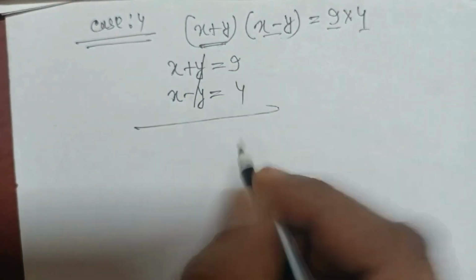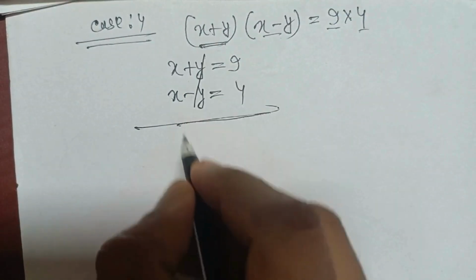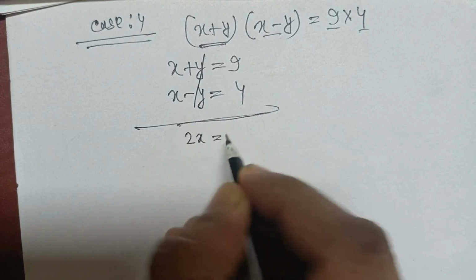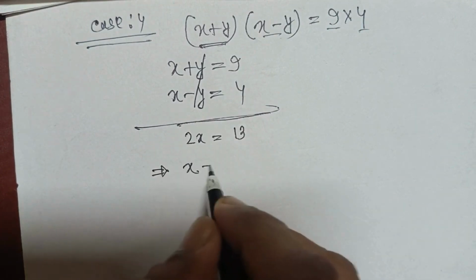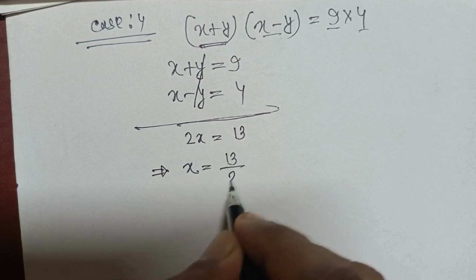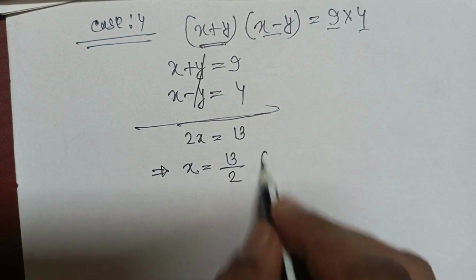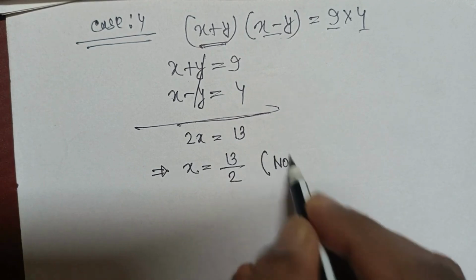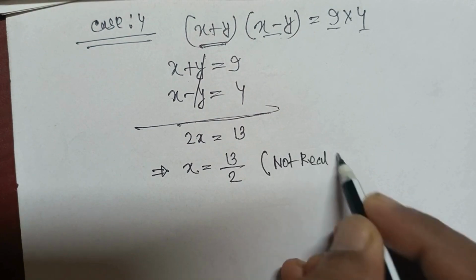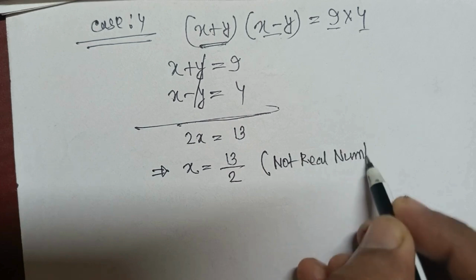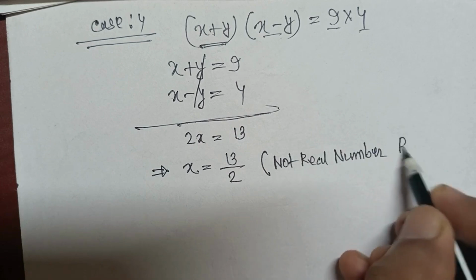So if we add these two, then we get 2x is equal to 13. Therefore x is equal to 13 by 2. So again, this is not a real number. Rejected.